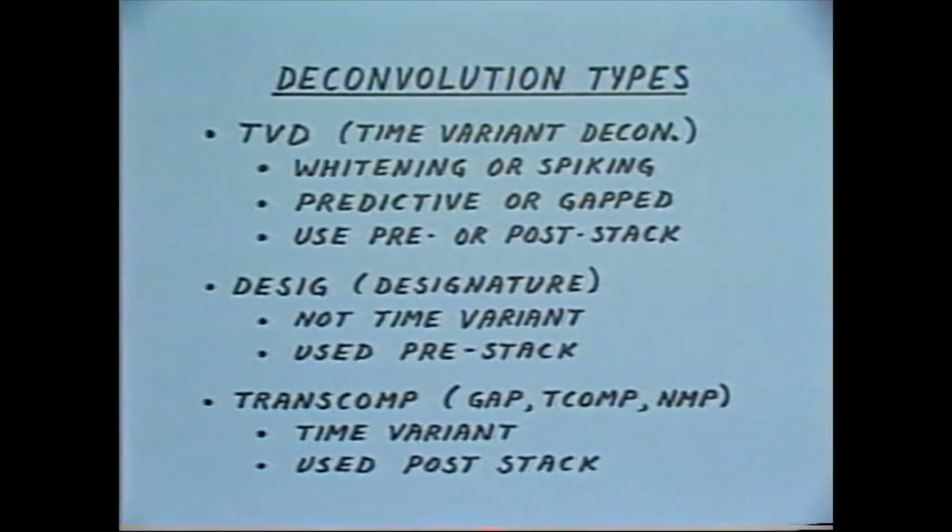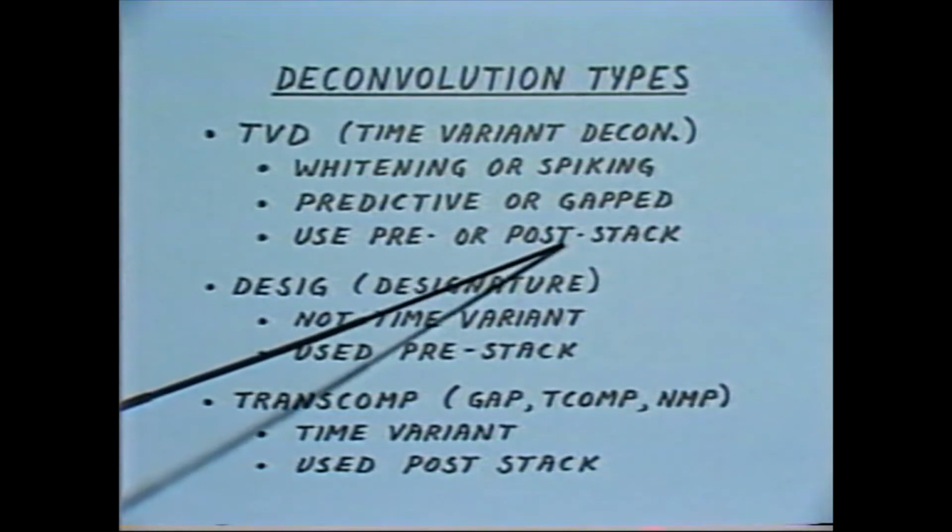Those deconvolution types are both time variant. They both try to distinguish the time variance of the wavelet length on the trace and to shorten it to the same short reflection wavelet. They can both be used on data before or after the common depth point stacking process.